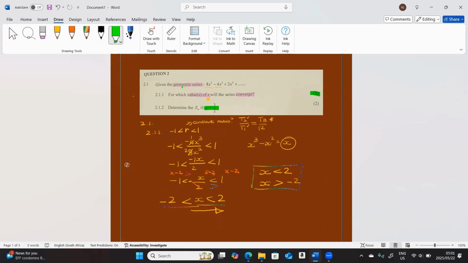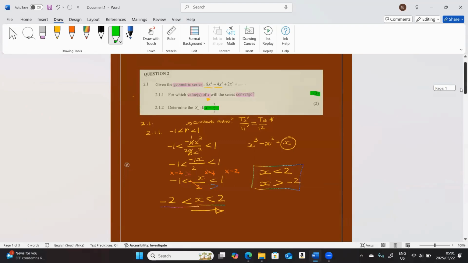So now I can get the actual value of term 1, term 2, and term 3, because I can substitute 3 over 2 into the places of all of the x's. Now they want me to determine the sum to infinity. So let's quickly do that.